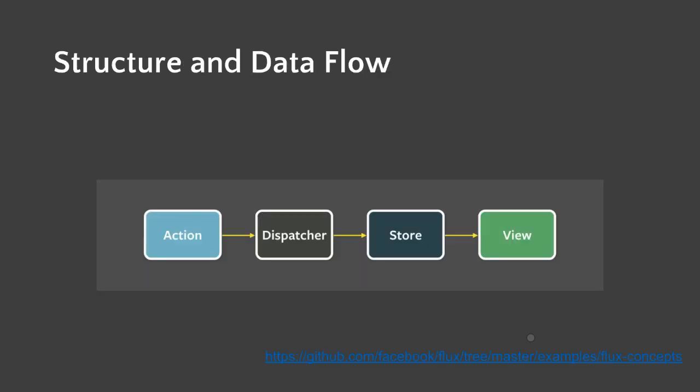The structure and data flow of Flux. Flux is based on a unidirectional data flow, which is central to the Flux pattern. Like the image shows, it goes action, dispatcher, store, and view.